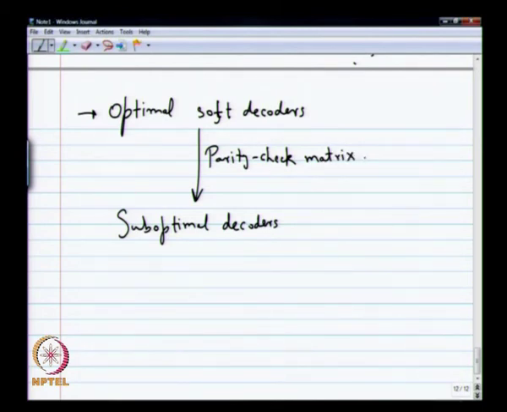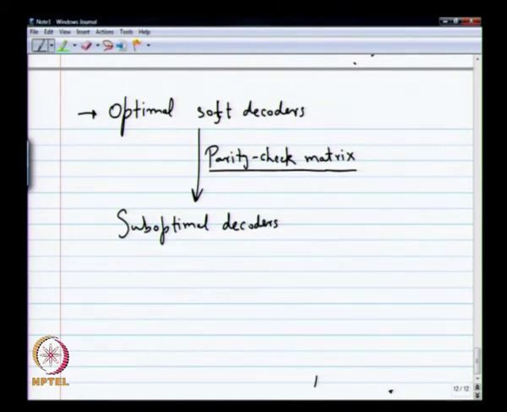The parity check matrix is used in one specific type of suboptimal decoders, but that is the kind that I will be talking about mostly. So the parity check matrix plays a big role. Not just the parity check matrix, but also linear combinations of the rows of the parity check matrix matter. How they interact and overlap with each other plays a role in this.